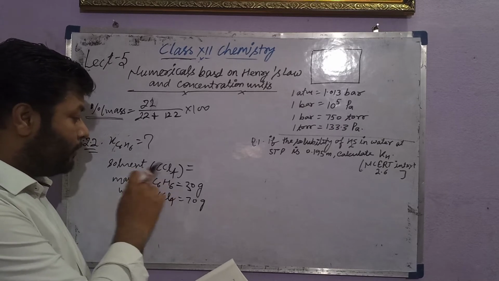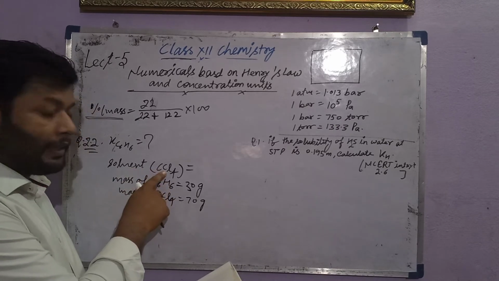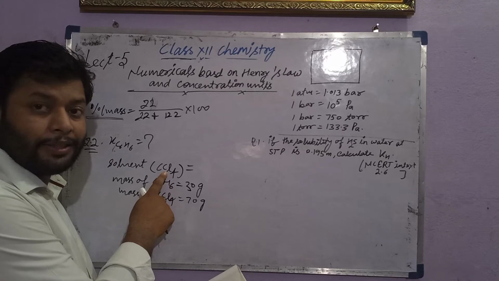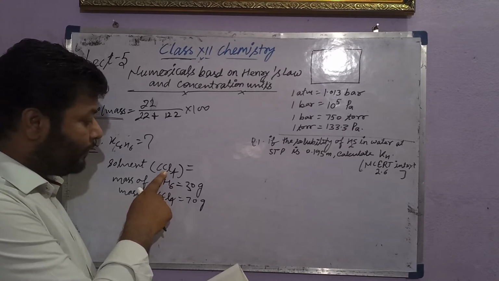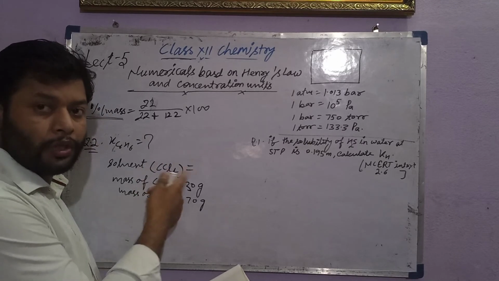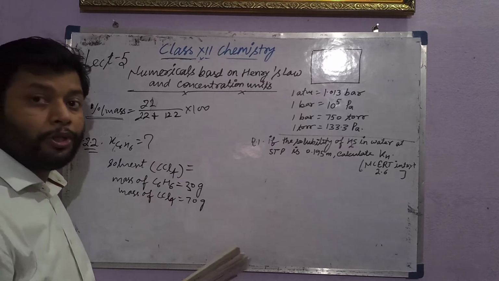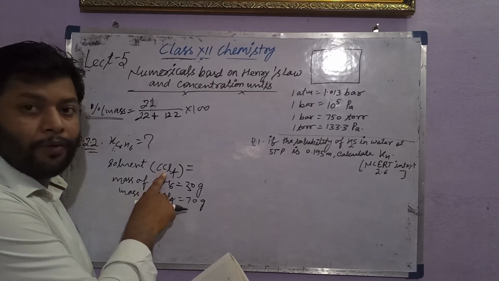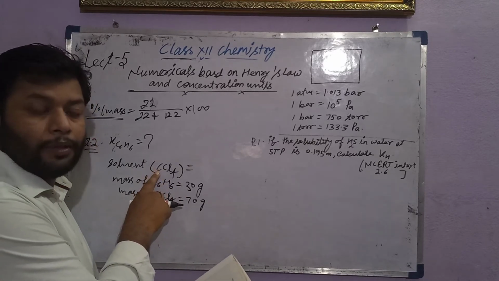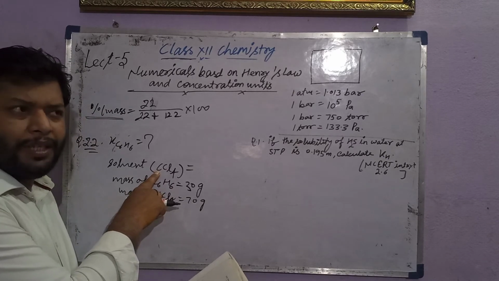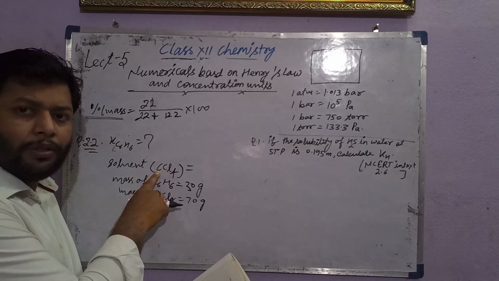The molar mass of carbon tetrachloride you can calculate. The atomic mass of chlorine is 35.5, so 2 times that is 71, and for Cl4 that will be 142, plus 12, so that will give you 154.